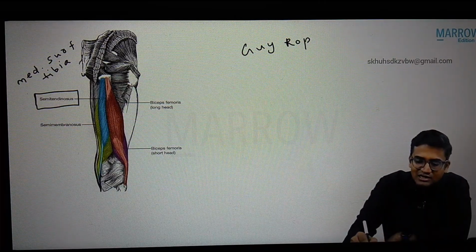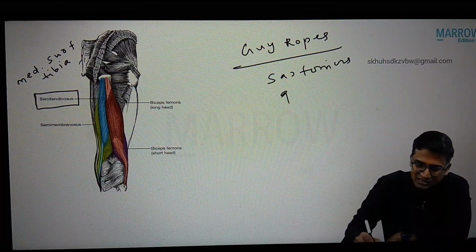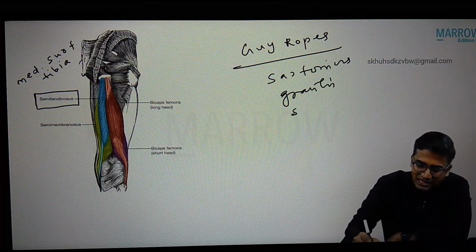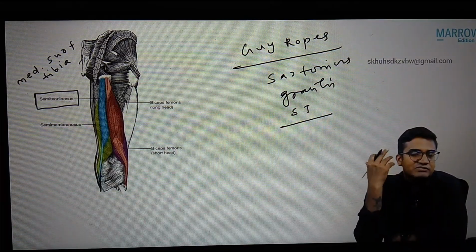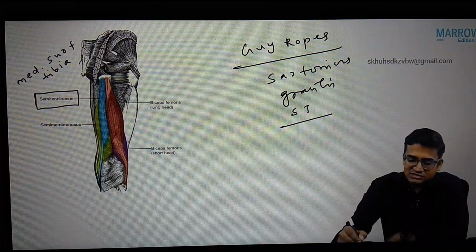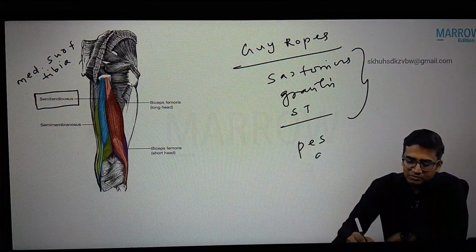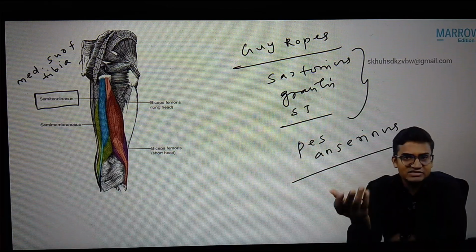These three muscles, sartorius, gracilis, and semitendinosus, on the tibial attachment give the appearance of a goose's foot, so they form the pes anserinus. We have already seen this.